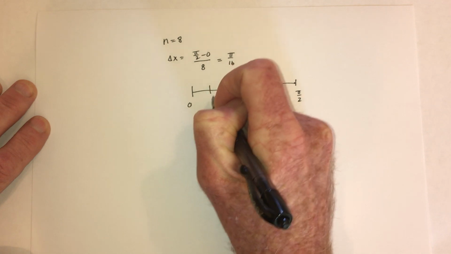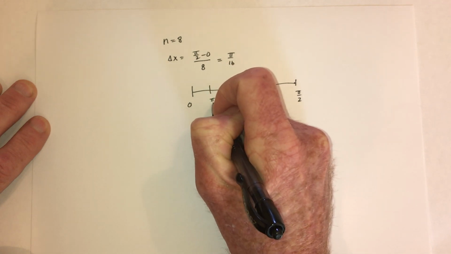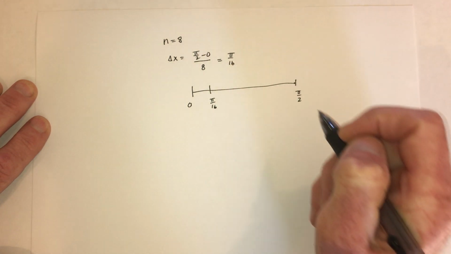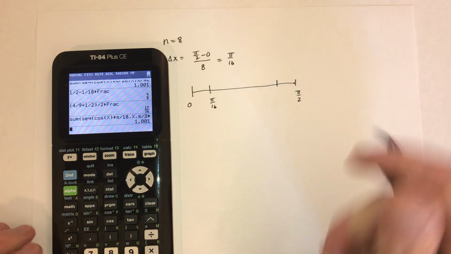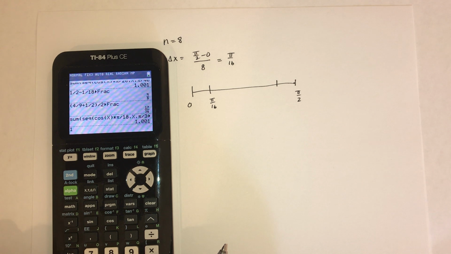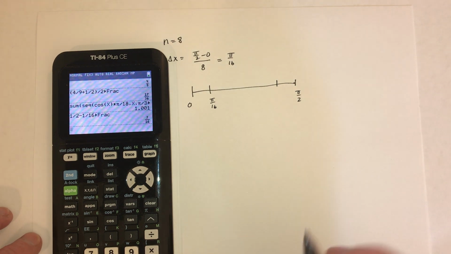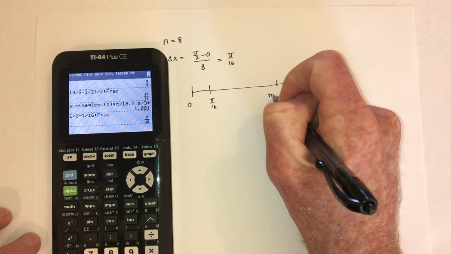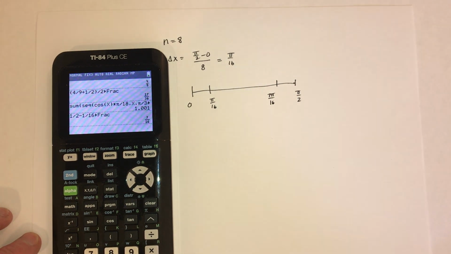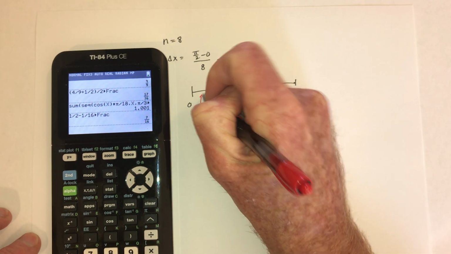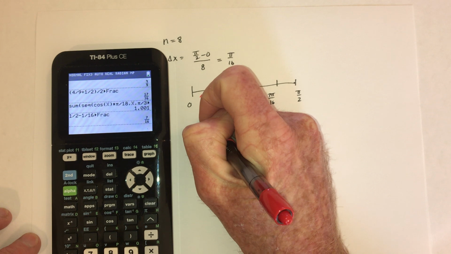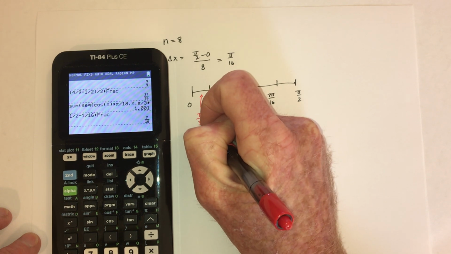So this first interval goes from 0 to pi over 16. This last interval will be 1/2 minus 1/16. So that's going to be 7 pi over 16. And then for the midpoints, this one, if you cut this in half, it's pi over 32.